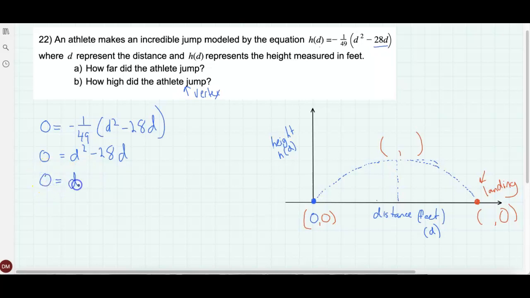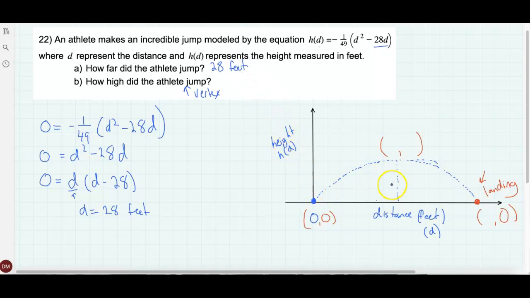So d times d minus 28 equals 0. So d equals 0, we know that, or d equals 28, and that would be 28 feet. We already knew the first one because when we start, the distance is 0. That's where we took off. So we're at 28 feet, so that's how far they went, 28 feet.